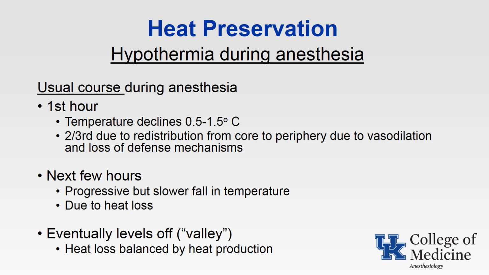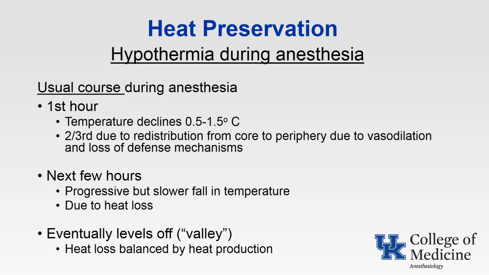The usual course of hypothermia during anesthesia during the first hour is a drop of 0.5 to 1.5 degrees centigrade. Two thirds of this is due to redistribution from the core to the periphery due to vasodilation and loss of defense mechanisms.